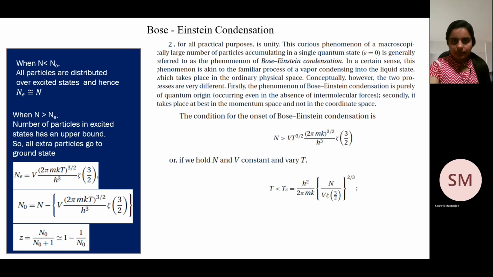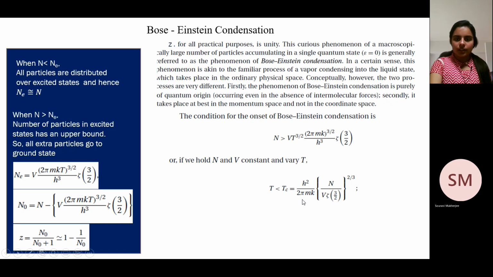So when does Bose-Einstein condensation happen? That can happen only when n is greater than this expression here, which is equal to Ne. Or, if you hold n and v constant and vary T, it happens when the temperature is lower than this critical temperature, which is given by this expression here.